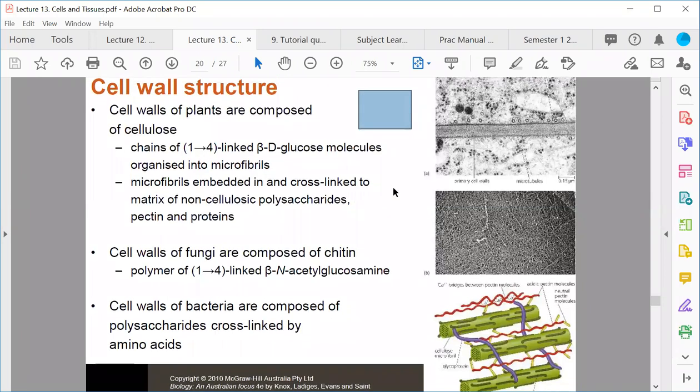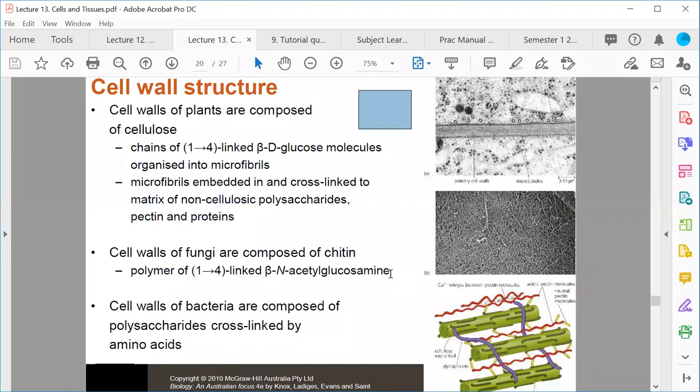Okay, so what about cell walls of fungi? Cell walls of fungi are a little bit different. These cell walls are composed of a substance called chitin, and chitin is very similar to cellulose. It's composed of subunits that are similar to glucose, but they're not glucose. And we saw that in one of our previous lectures.